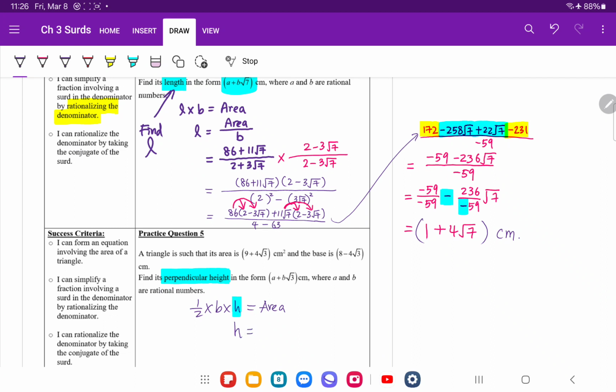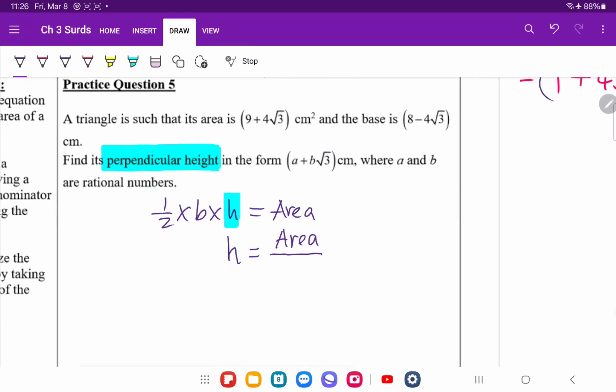Half times square. Area divided by area divided by half times base. Raghu is correct. Actually, what you should do is tackle the base first. Leave the half still on this side. So area divided by base.